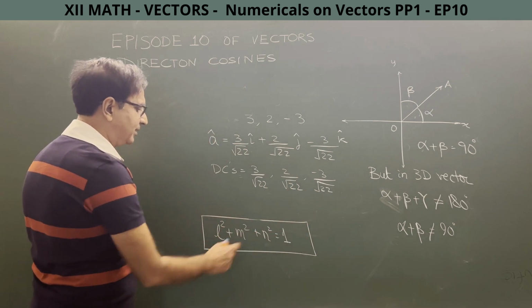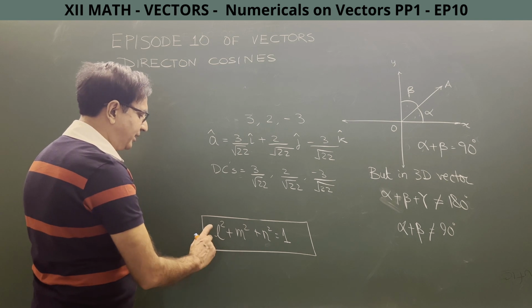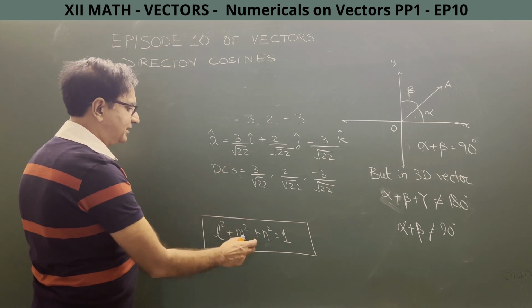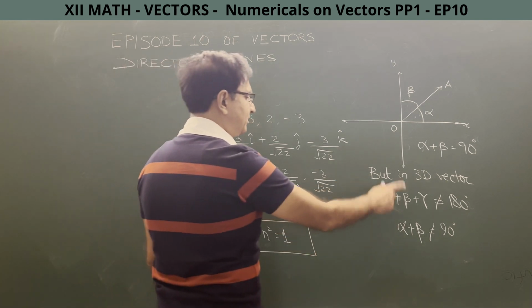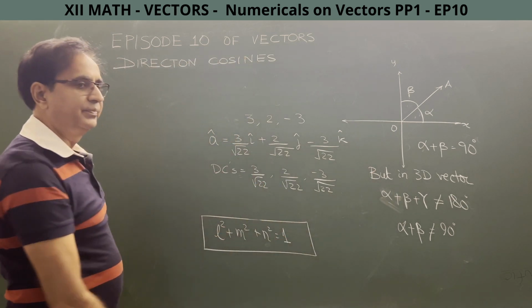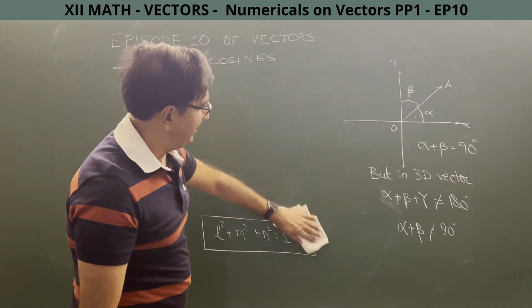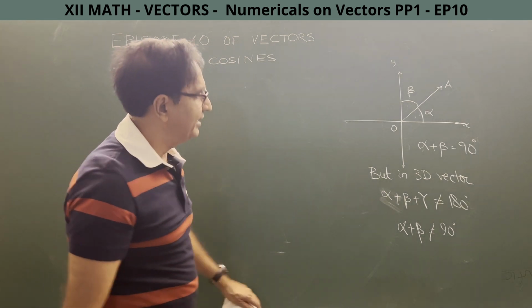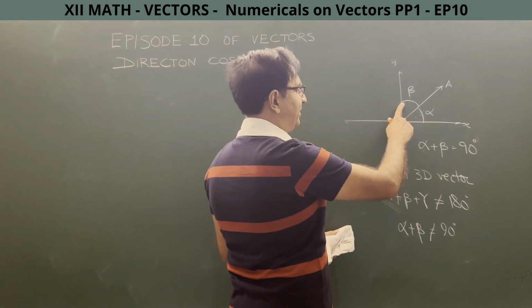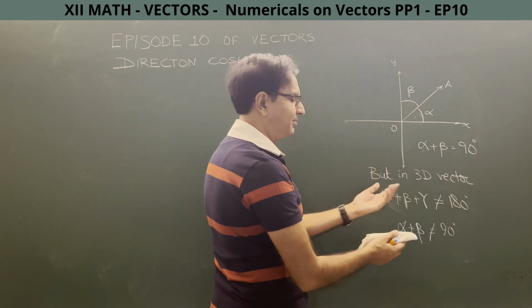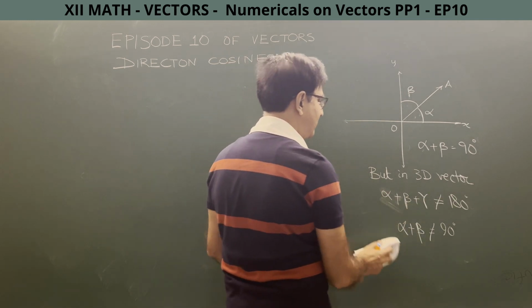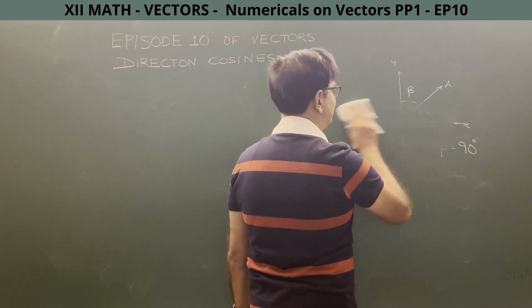So we do a numerical, and there I will show you if alpha is given, beta is given, how to find gamma. It won't come from this relationship, it will come from this relationship. So be careful that you don't get an idea that in two-dimensional vectors alpha plus beta is 90, so in three-dimensional alpha plus beta plus gamma will be 180 or 360 or 90, nothing like that.